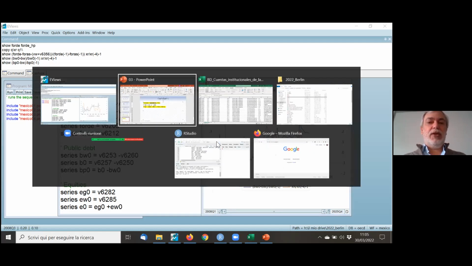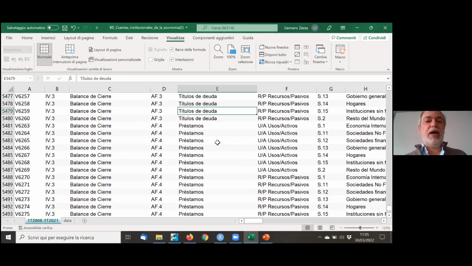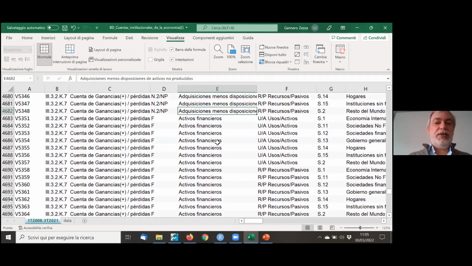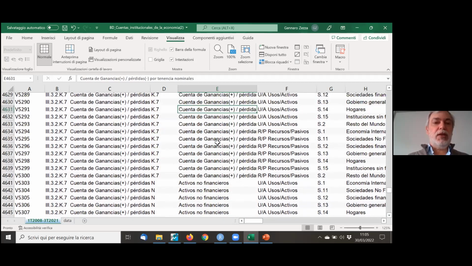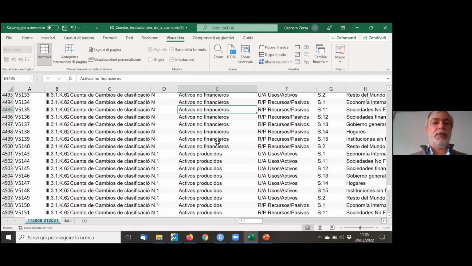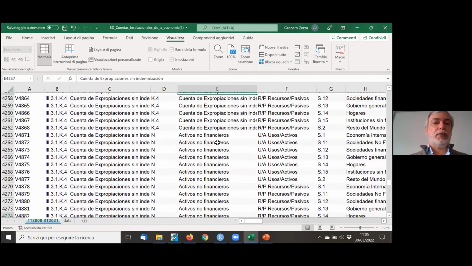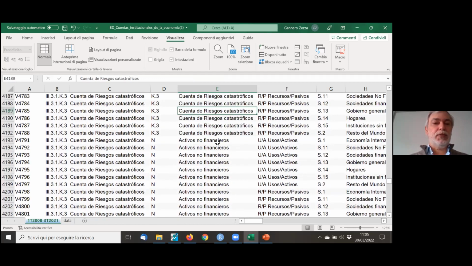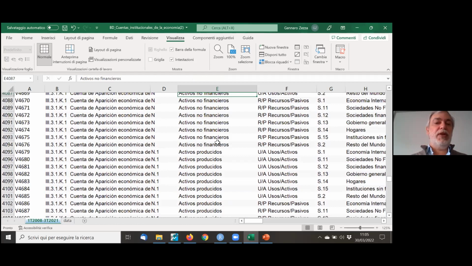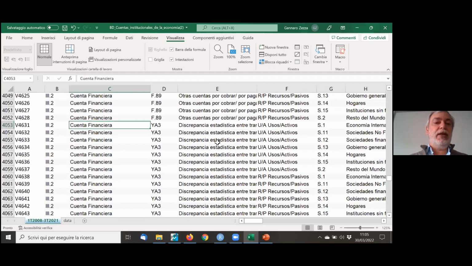We could try to check if what they publish here is useful. So as I told you, they have the financial account. So this should be the flow of borrowing and lending for each asset.